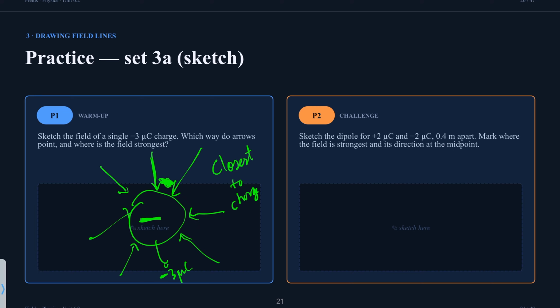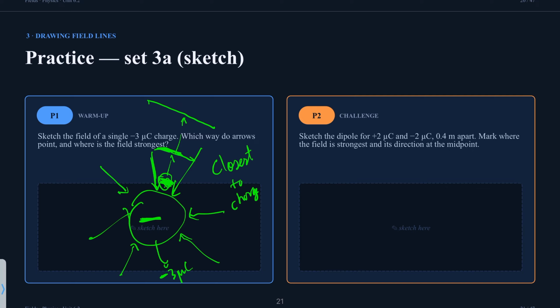This is the point at which they're the closest, actually. As you move on upward, this distance keeps increasing between them, right? So they're going to be the most dense as close as possible to the charge, because they originate from the charge. So they're going to have the closest distance at the charge. So not that bad, but you could get tripped up on where the field is the strongest.